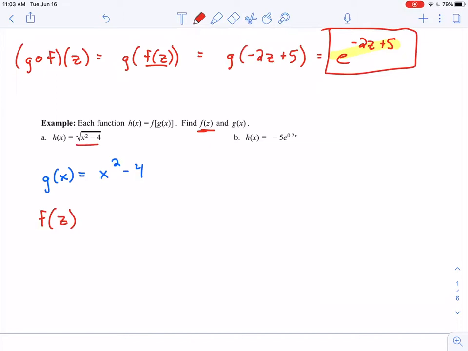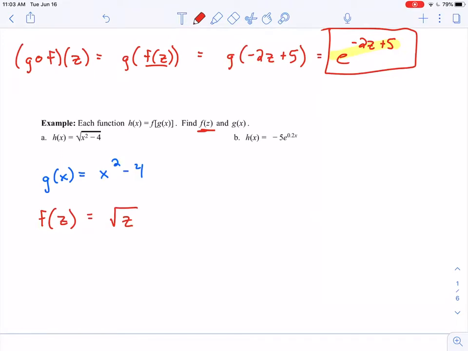So I started with square root of x squared minus 4. I'm simply going to take out what I said g of x was, which was x squared minus 4, and replace it with my variable, which in this case we're going to use z. So rather than square root of x squared minus 4, I'm going to have square root of z.